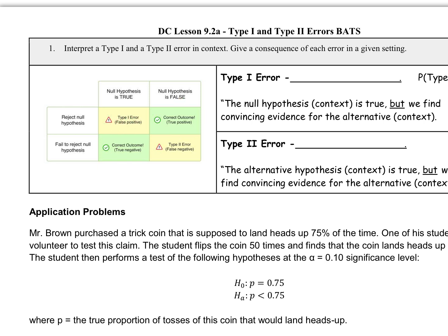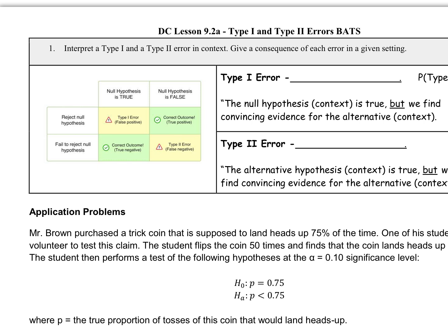If we rejected the null and the null was false, actually that was correct, that is a correct outcome. We correctly rejected the null. We do that sometimes. We're going to get it right. There is a special name for this that we'll talk about in another week, a good decision.